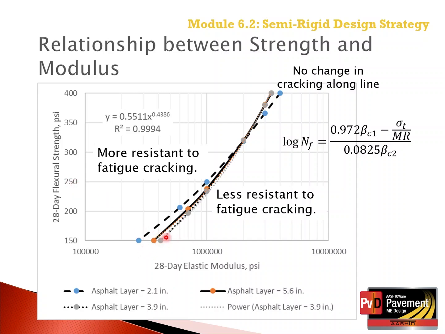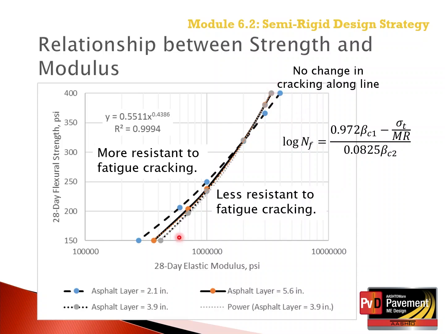So in the Pavement ME software, there are unique relationships that can be developed between elastic modulus and the 28-day flexural strength, at which, at the end of the design life, everything else being equal, the predicted fatigue cracking of the semi-rigid pavements would be the same.